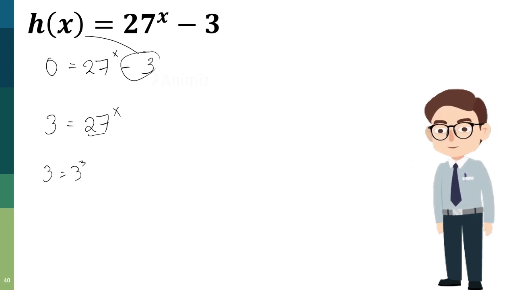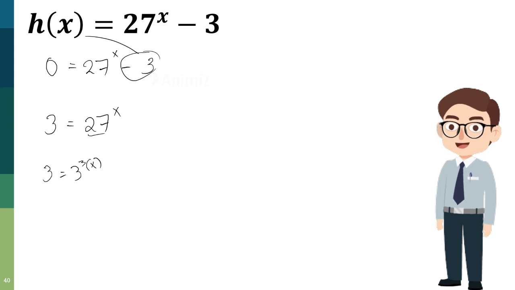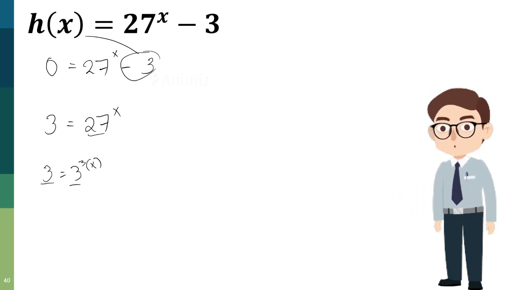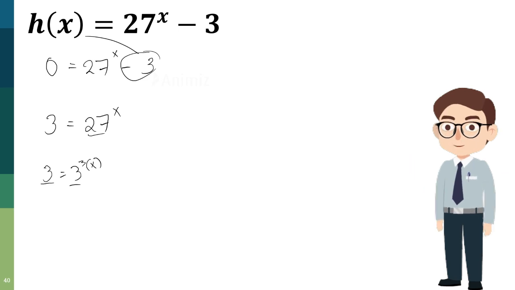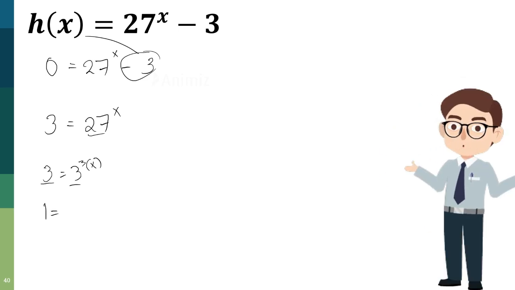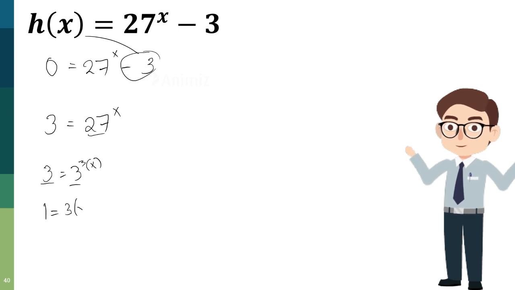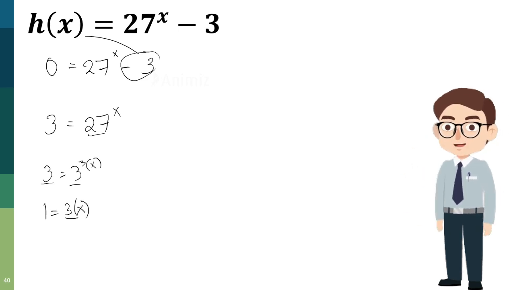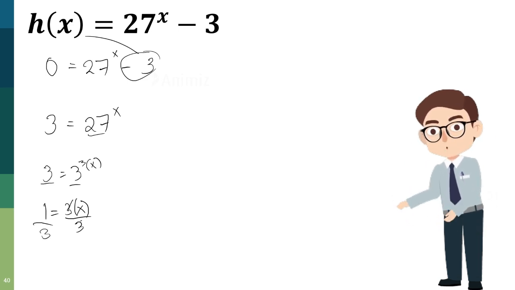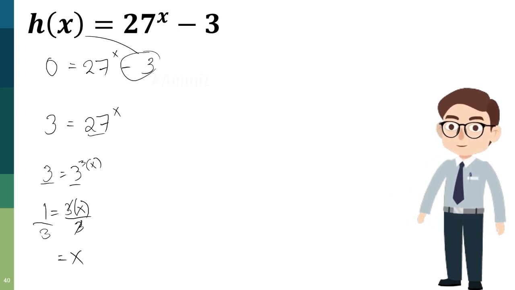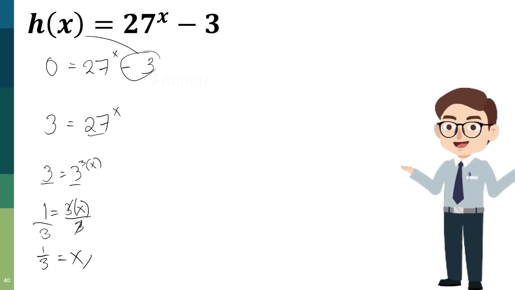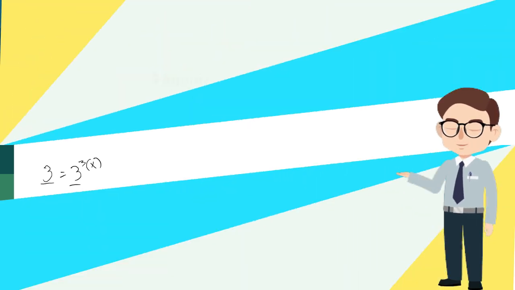So 3 cubed raised to x. Since we have the same bases, we will focus on our exponent, and 3 has an imaginary 1 as its exponent. That is 1 is equal to 3 multiplied by x. Divide both sides by 3. 3 cancels. Your x now is 1/3. And that is our final answer.